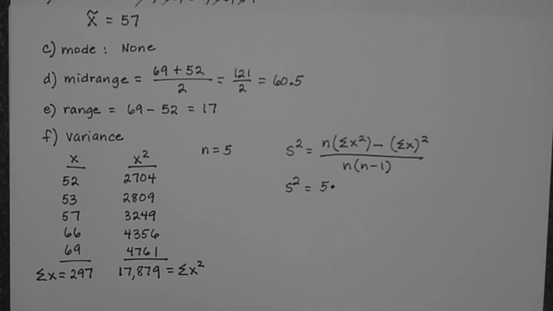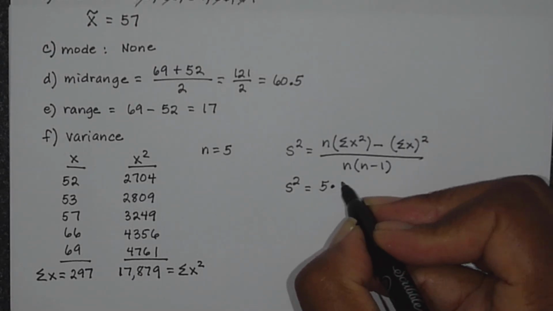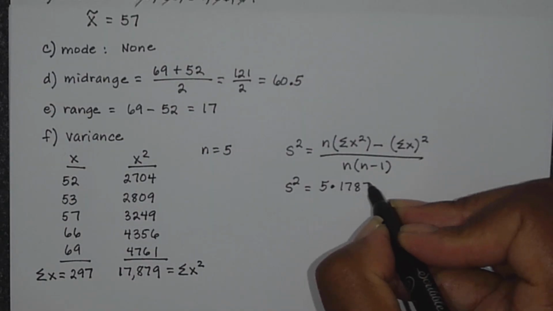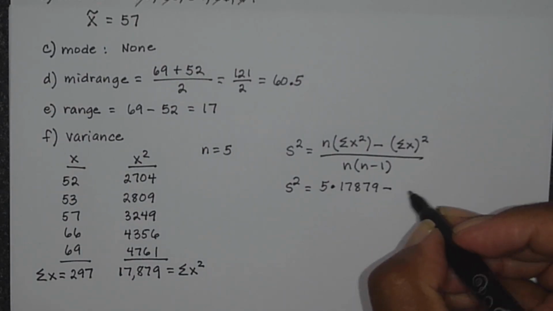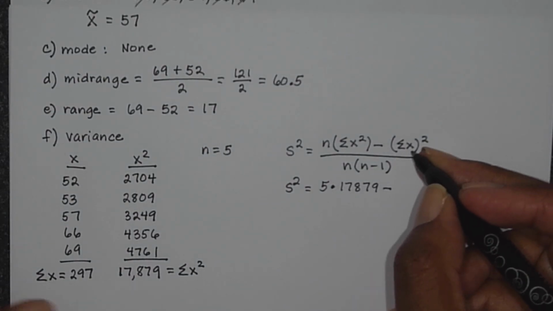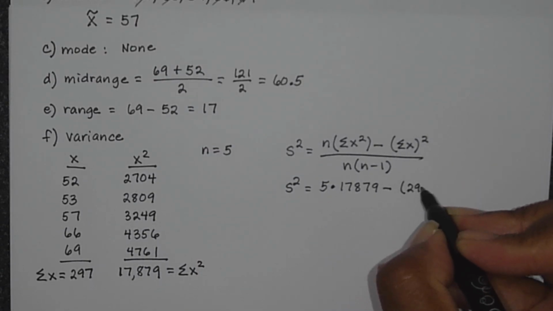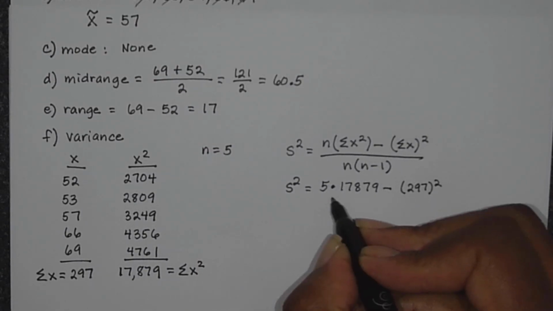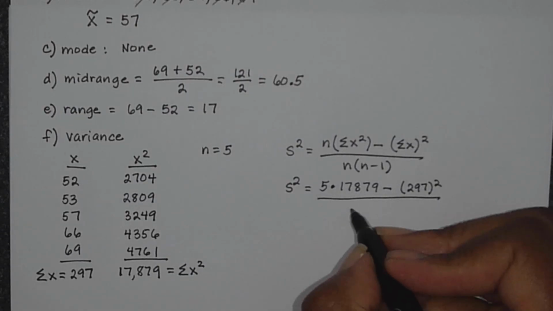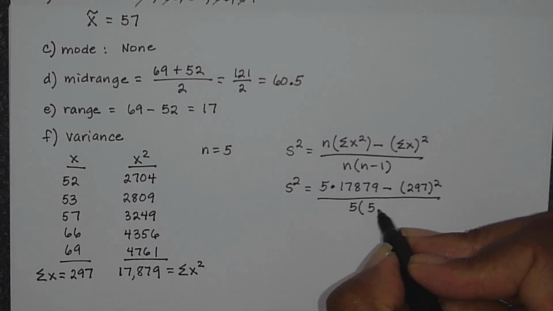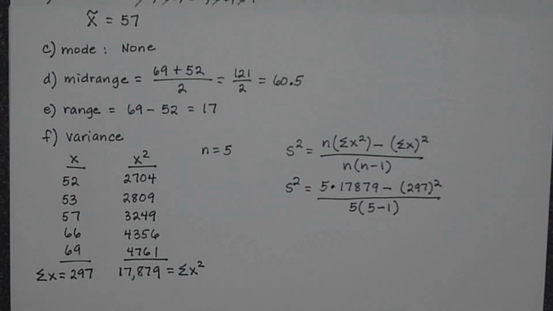We found that out to be 17,879 minus the sum of the x, which was 297. And that 297 will be squared. All that's divided by n times n minus 1. N is 5, so it'll be 5 times the quantity 5 minus 1.